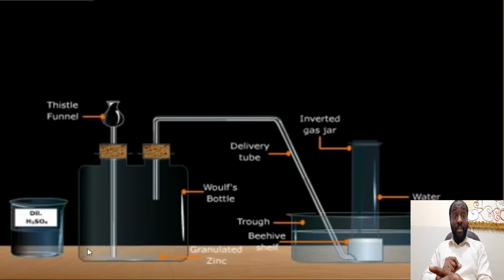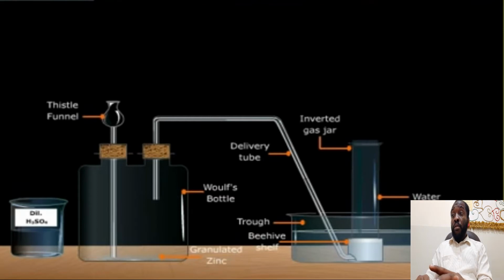Your sulfuric acid. And of course, speeding up the reaction, increasing the rate of that reaction. And this is your delivery tube, your thistle funnel, your inverted gas jar where hydrogen will be collected.